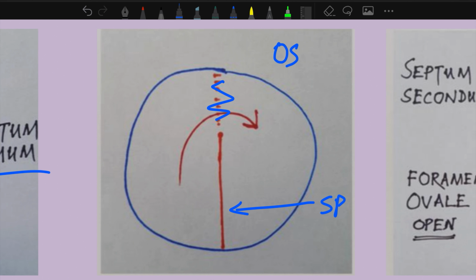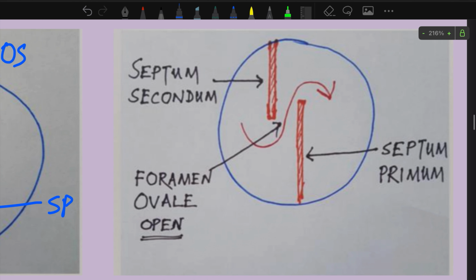Finally, there will be a septum secundum, which starts growing beside the septum primum, and we get an empty place called the foramen ovale, which is open during fetal life. After birth, the foramen ovale will close and be called the fossa ovalis, which we took in the anatomy sessions.